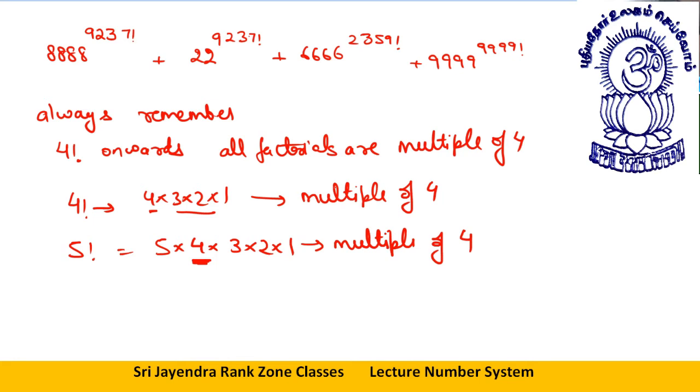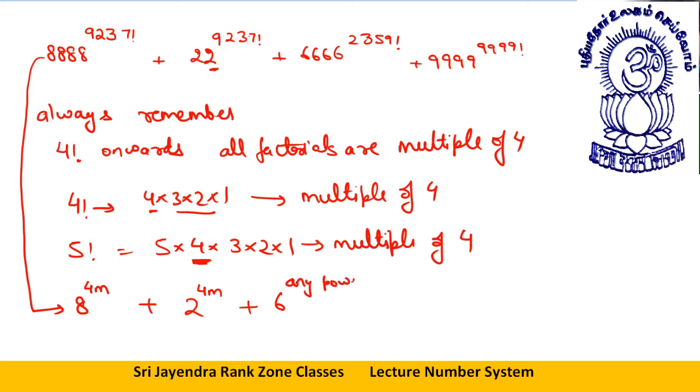So what I will say is, we have 8, 8, 8. I don't need to write it completely. I will just write 8 raised to power 4 multiple, plus 2 raised to power 4 multiple, plus 6 raised to any power, it does not matter at all, plus 9 raised to power 4 multiple. What does 4 multiple mean? Any number which is a multiple of 4 will be even.